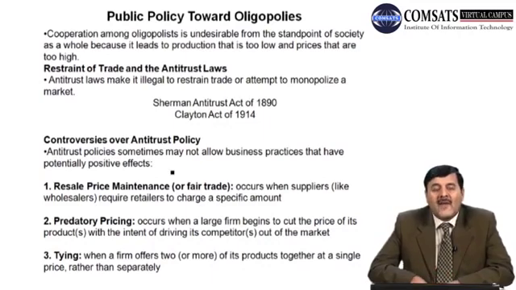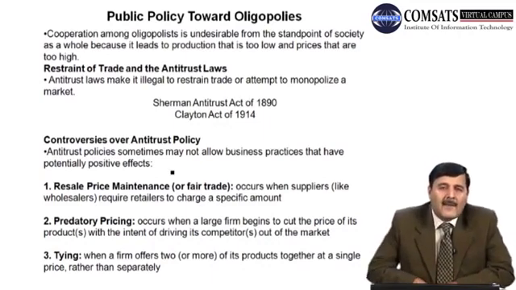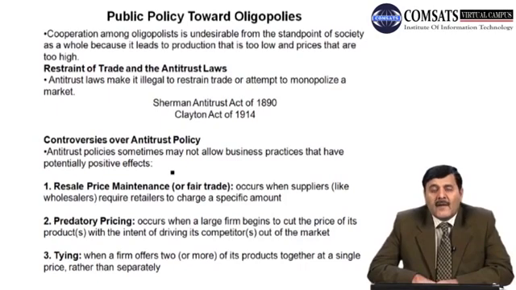तो जैसा कि हमने पिछले लेक्चर में भी बात की थी, there are two acts which are being implemented by the government in the United States, like the Sherman Antitrust Act of 1890, and then the Clayton Act of 1914.